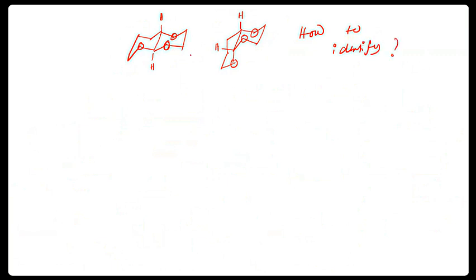Very simple thing. Here we have axial coupling as the orbitals are aligned parallelly. Axial coupling is more, or stronger, with a larger J value.